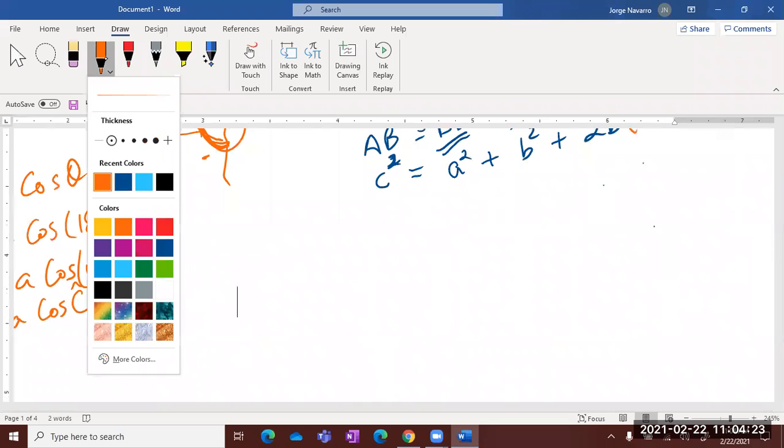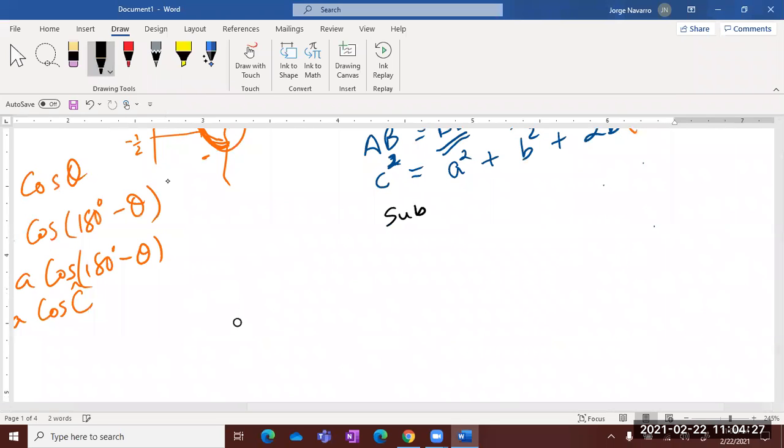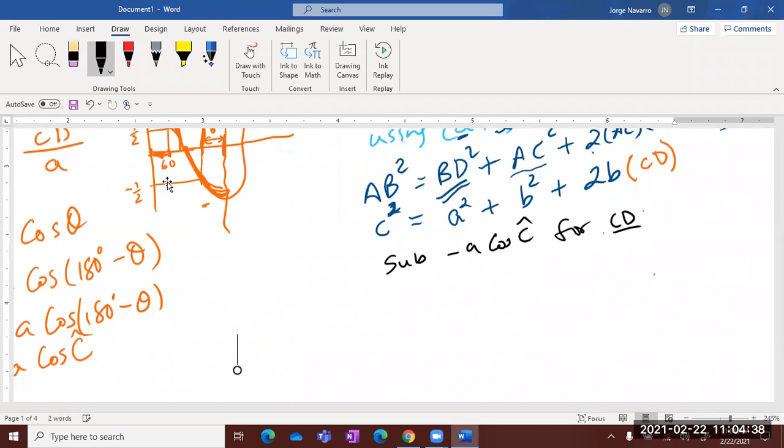I'm going to change back my color. I can now substitute negative A cos of C for what we call CD. So it will read C squared is equal to A squared plus B squared minus 2AB cosine of the angle called C.